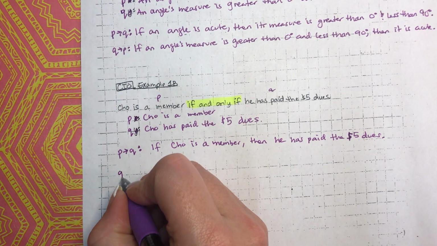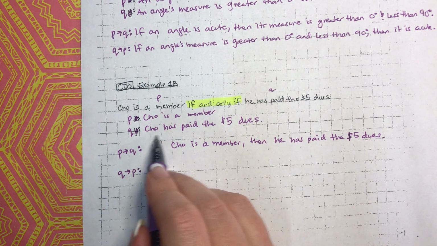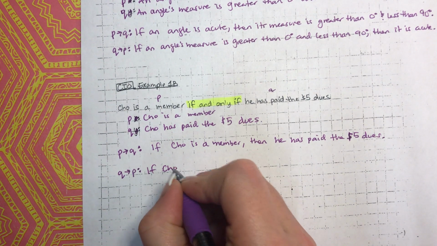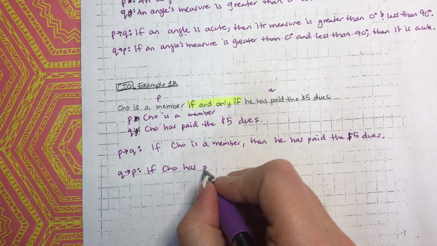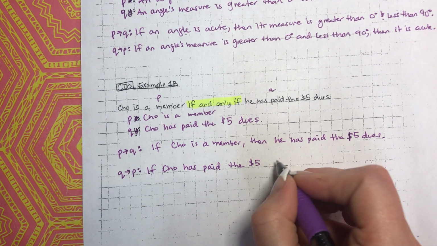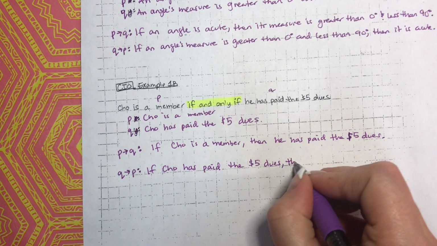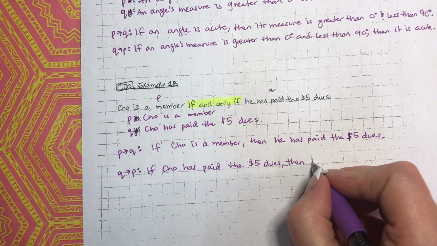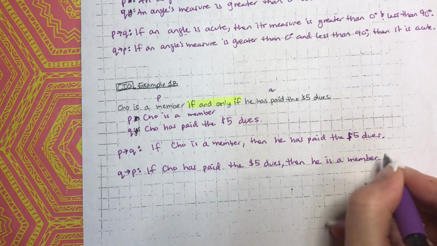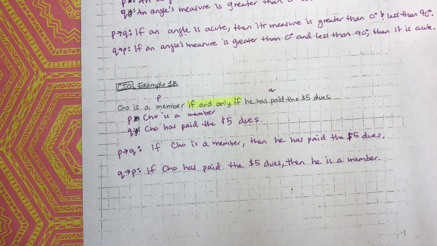Let's talk about the converse. We start with the Q. If Cho has paid the $5 dues, then he is a member. And there you have it. If you got that right, awesome job. If not, then rewrite.